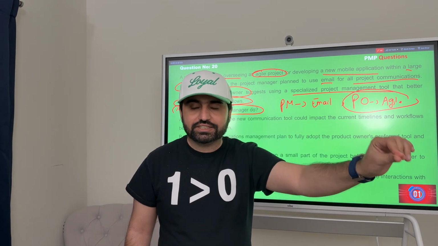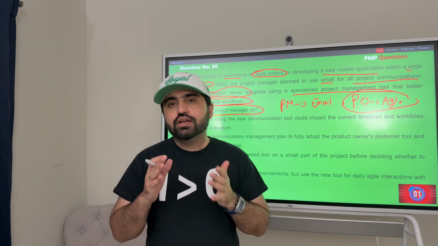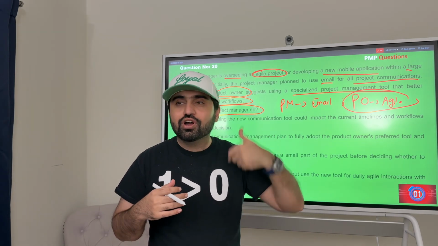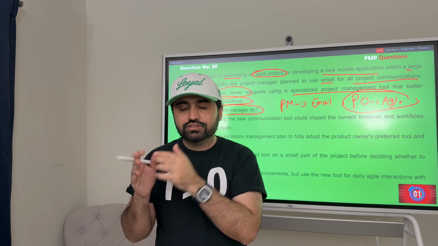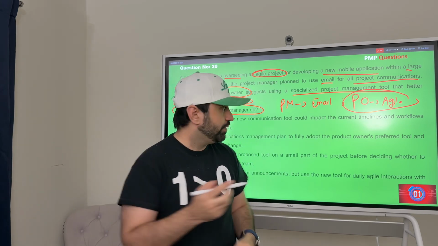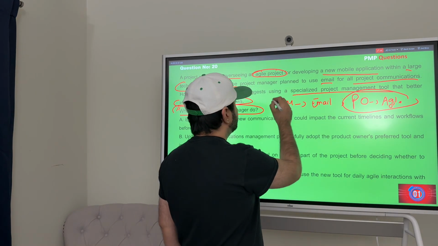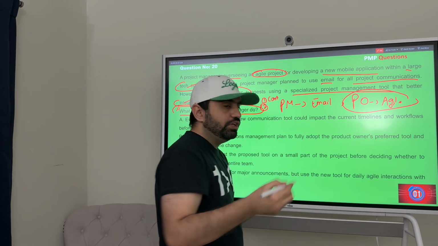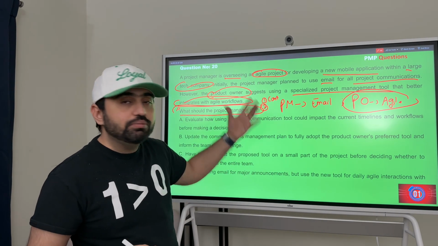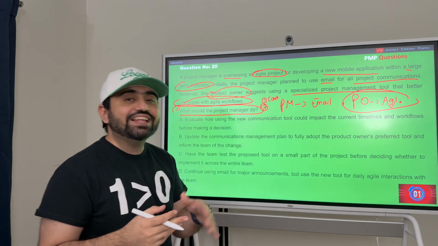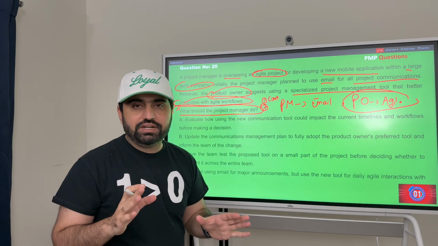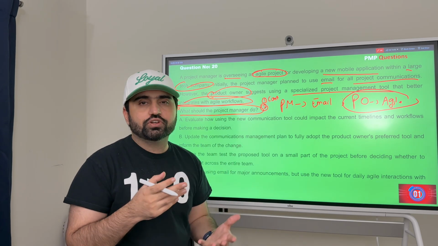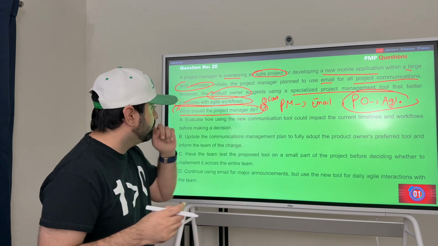I always say that the PMP exam consists of 3 parts: content, technique, and time management. If you know the content of the PMP, then you need to learn the technique. That's why I will be solving these questions for you. And the third thing is time management, which is the last thing. You don't need to worry about it if you are solving questions on a simulator.